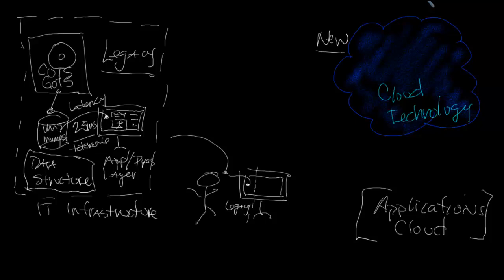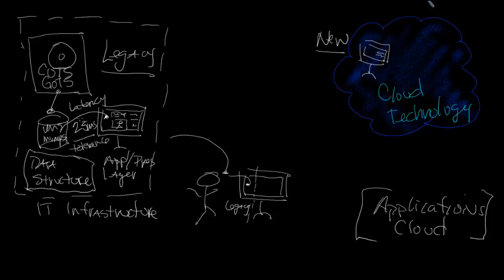So how do you do that? Well, this cloud essentially becomes the presentation layer for you, and you can do the presentation layer within the cloud environment, no problem at all.